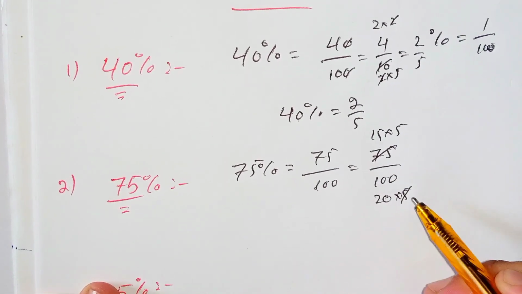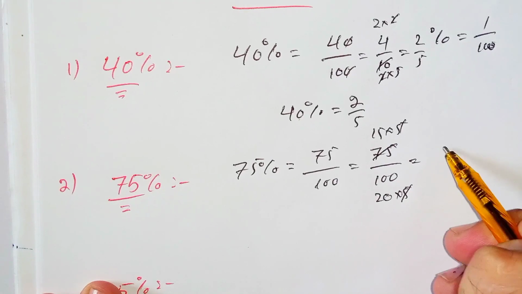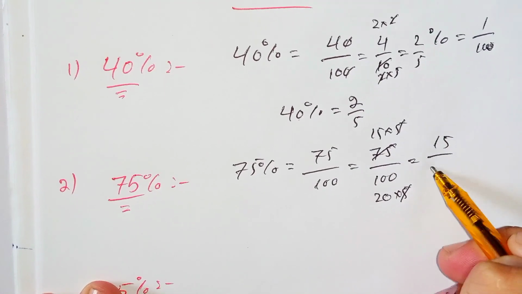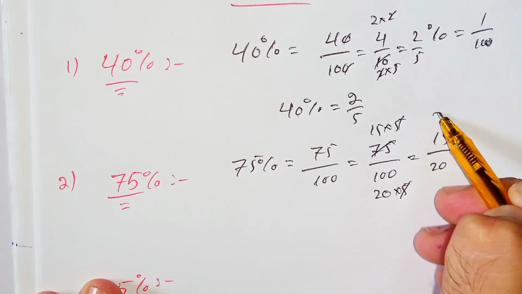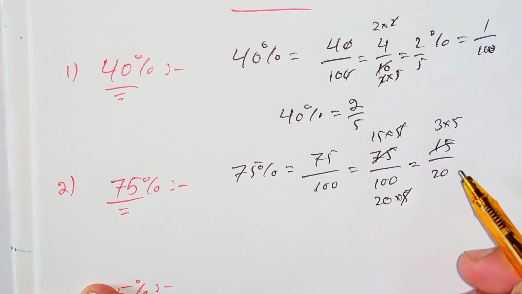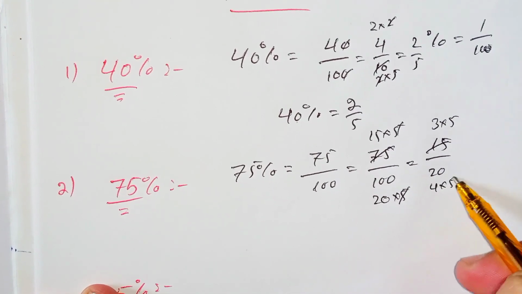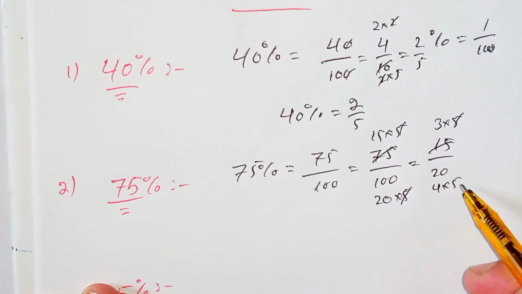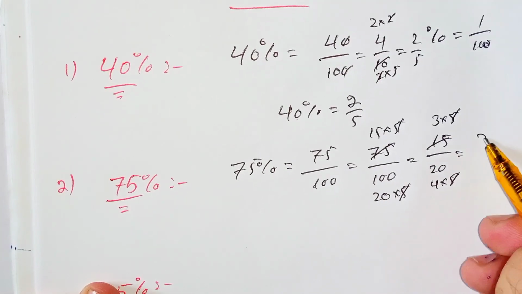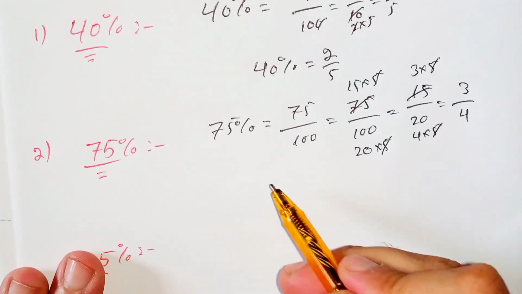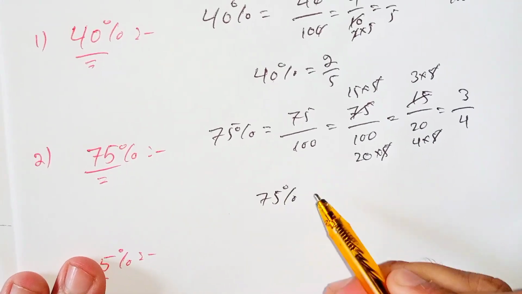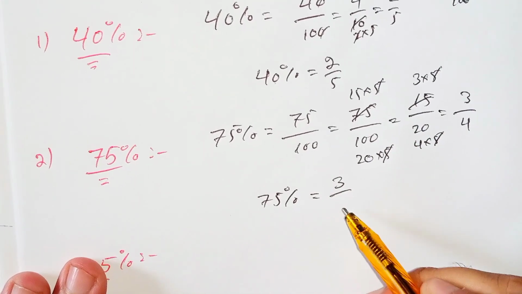So we will cancel this 5 with the 5, which is equal to 15 over 20. So 3 times 5 is 15 and 4 times 5 is 20. So cancel the 5 with 5 and write 3 over 4. So 75% is equal to 3 over 4.